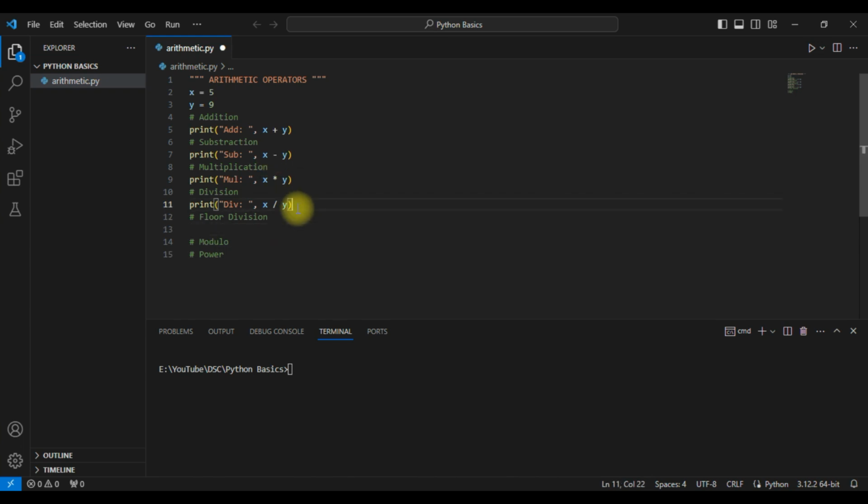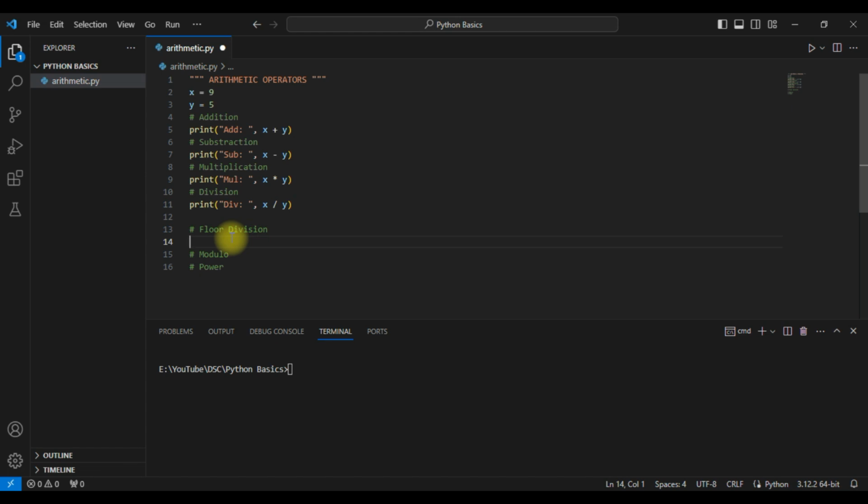The other one is floor division. I'm going to explain this. Floor division is like when you divide a number. For example, let's define x as 9 and y as 5, so that we can do the division and the floor division. When you divide 9 by 5, we are going to get 1 and the remainder of 4. So it's 1 whole number and 4 over 5.